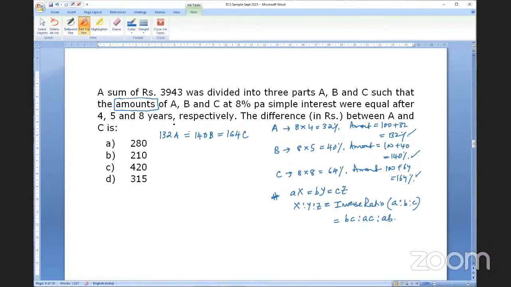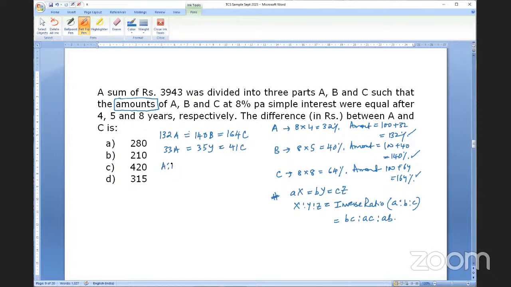Simple. Let's do it. But I can see it is divisible by how much? Divisible by 4. So this will become 33A equals 35B equals 41C.